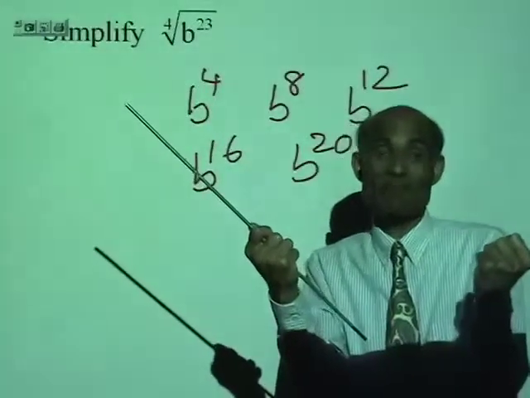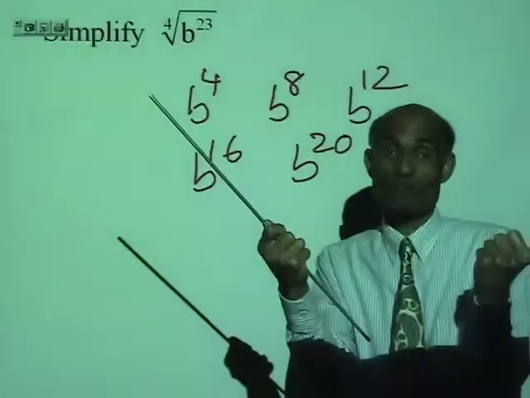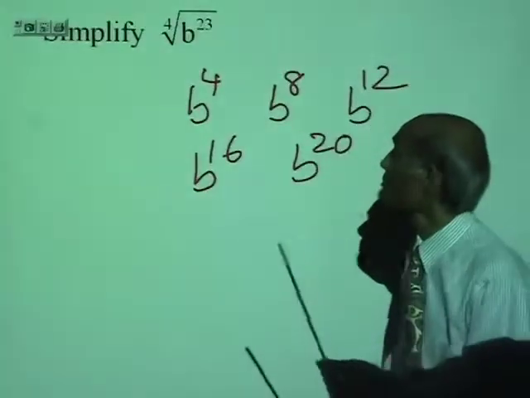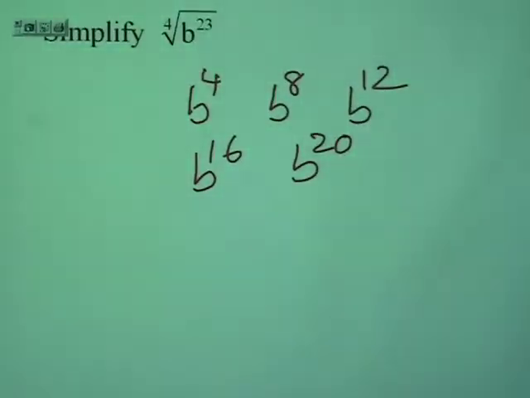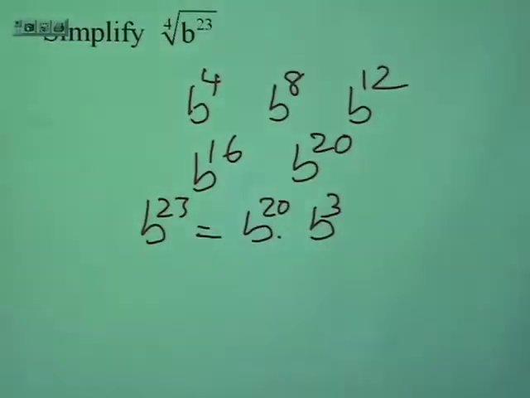Can you write that? If you know your product rule. b to the power of 23. Let me show you here. Can I write it like this? b to the power of 23 is b to the power of 20 multiplied by b to the power of 3. Do you agree with me?